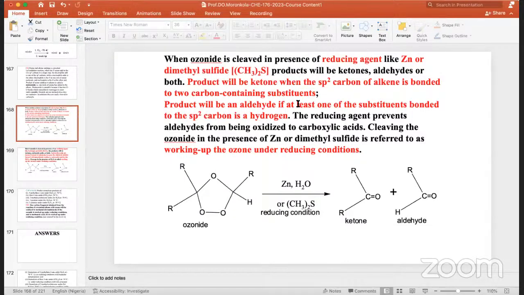And the product will be an aldehyde if at least one of the substituents bonded to the sp2 carbon of the double bond is hydrogen, like here. So it will be an aldehyde. The reducing agent prevents our aldehyde from being further oxidized to carboxylic acid. So clipping your ozonide in the presence of zinc or dimethyl sulfide is referred to as working up that ozonolysis under reducing condition.